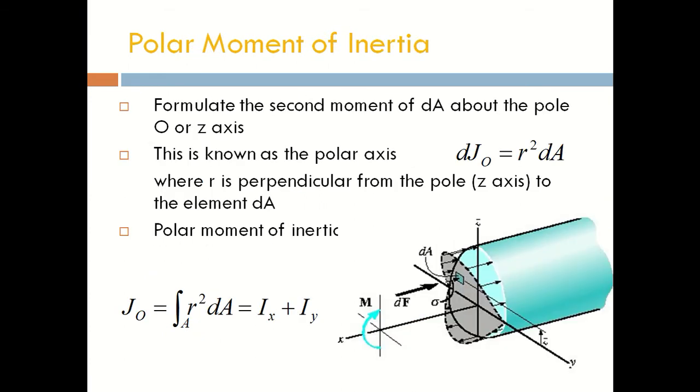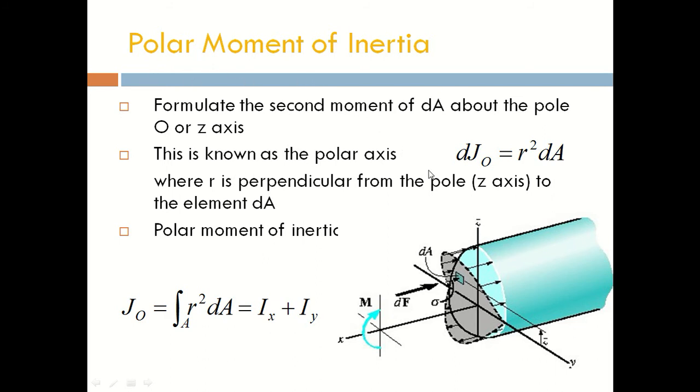So if you find the moment of inertia of an area about the x-axis and y-axis, and then about the z-axis, it is called the polar moment of inertia. It is the second moment of dA about the pole O or z-axis.